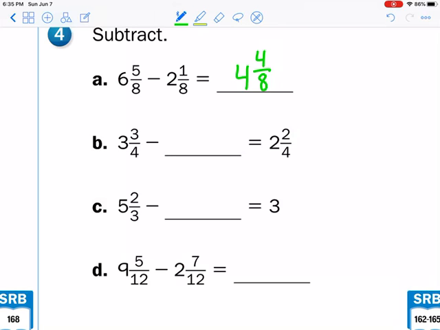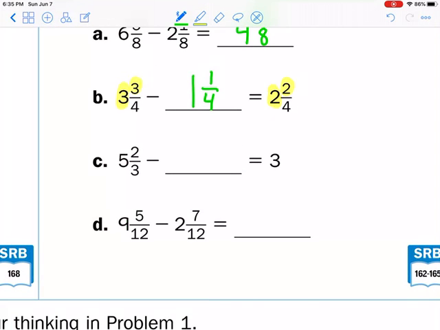Now here you're finding one of the numbers you're subtracting as the unknown. So what minus 3/4 would give you 2/4? I know that 5 minus 3 would give you 2, so my denominator stays the same. And then 3 minus what would give you 2 for a whole number? So you get 1 1/4.